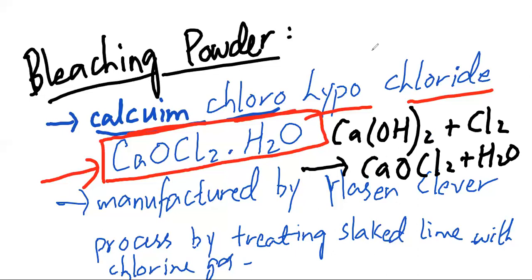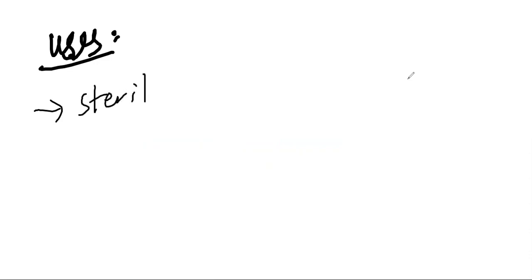So what are the uses? I'm talking about the uses. First of all, the main use is the sterilization of drinking water, a very important use and very important for the MCQs too. Sterilization of drinking water, to clean up the water.